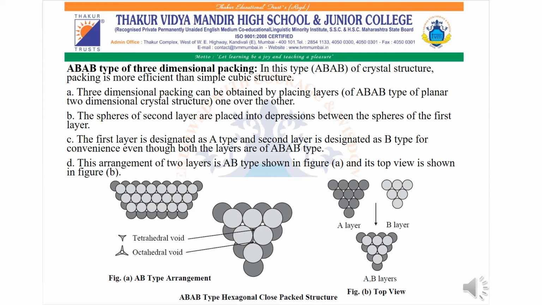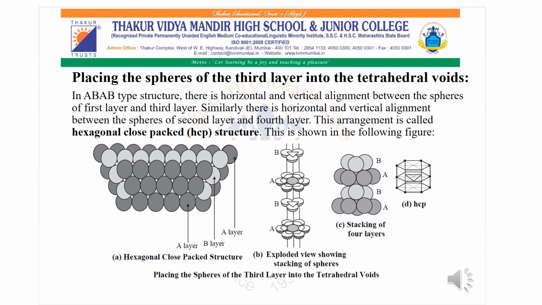Third layer can be placed over the second layer in 2 ways. That is, the sphere of the third layer can be placed in a tetrahedral void, that is ABAB type, or the sphere of the third layer can be placed in octahedral void to form ABC type of structure. Now we'll see placing the sphere of the third layer into the tetrahedral void.